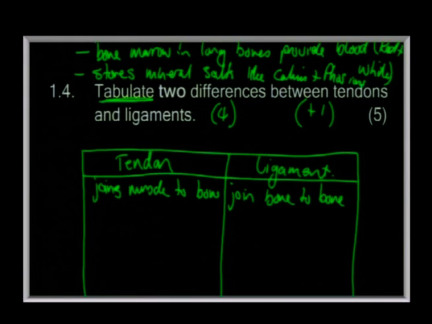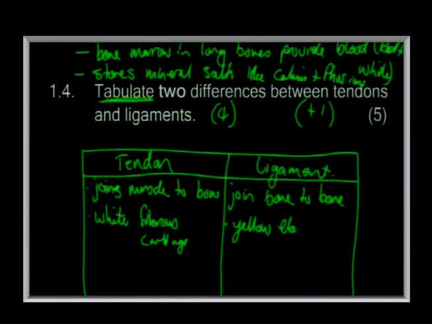Tendons are made of white fibrous cartilage, and ligaments are made up of yellow elastic cartilage.